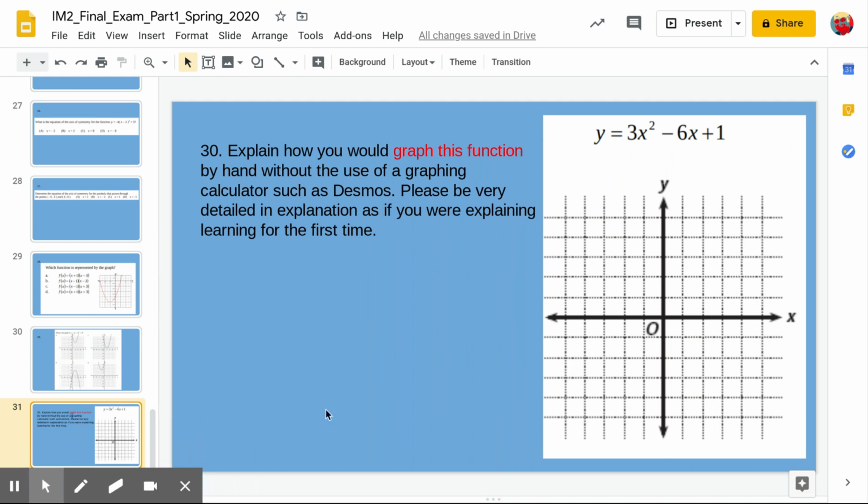Explain how you would graph this function by hand without the use of a graphing calculator such as Desmos. Please be very detailed in the explanation as if you were explaining this to someone learning it for the very first time. y equals 3x squared minus 6x plus 1. How would you graph that by hand?